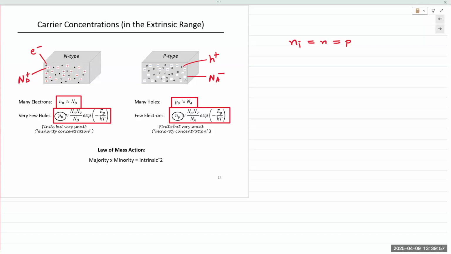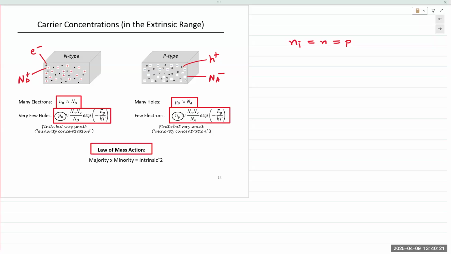So they did, of course, decades of research and mathematical derivations. It turns out that this phenomenon occurs that balances out the charge every single time. It doesn't matter how many dopant impurities you insert into your material. That law is known as the law of mass action.